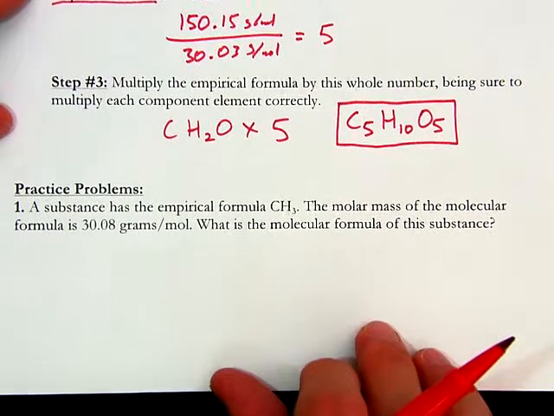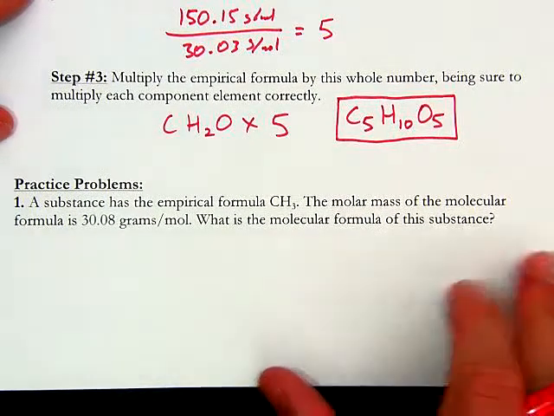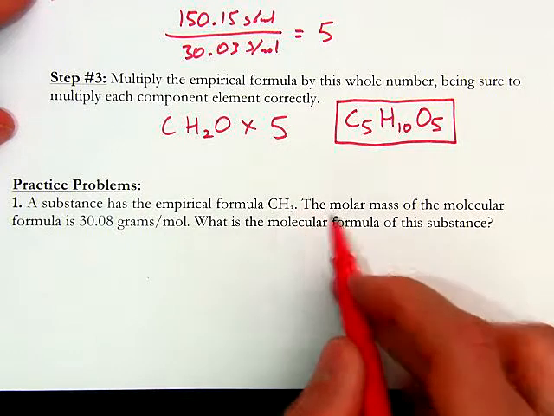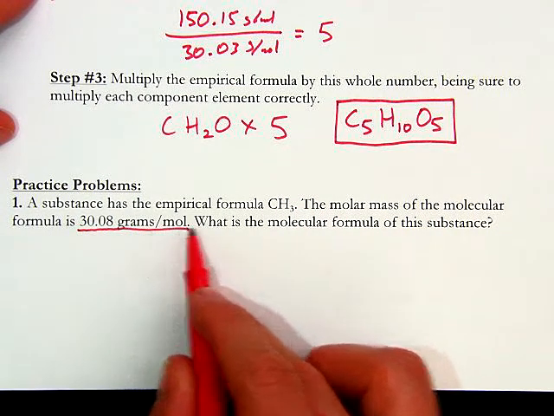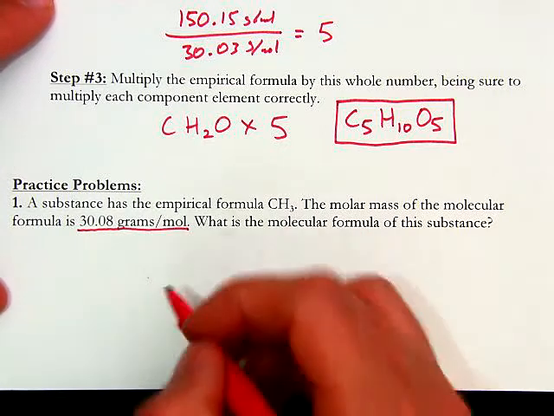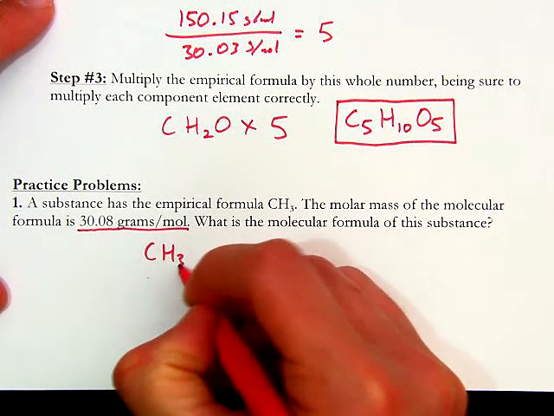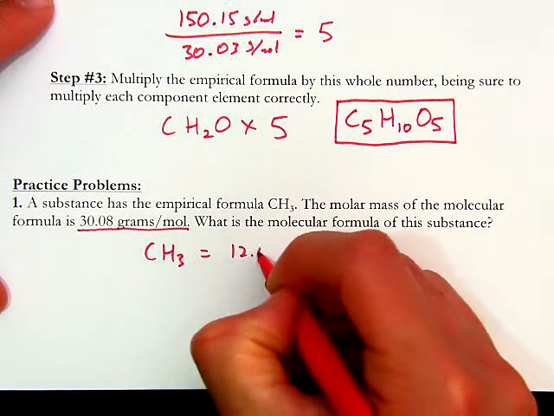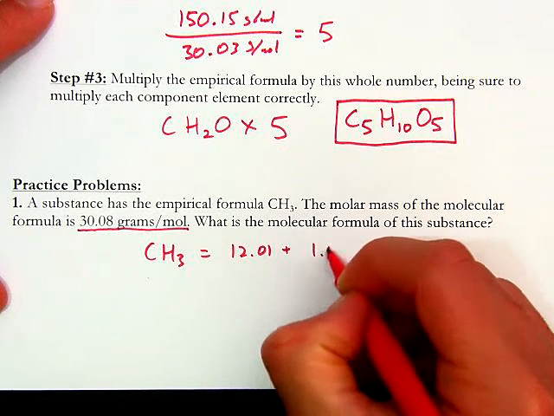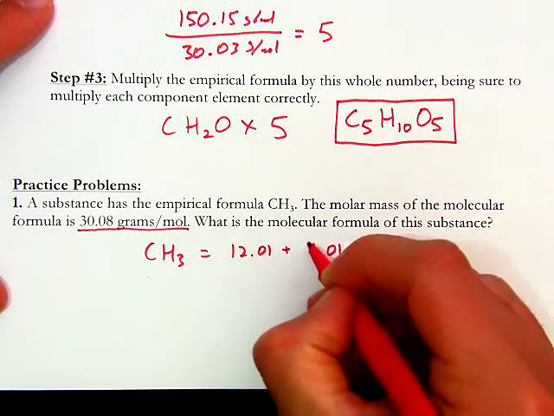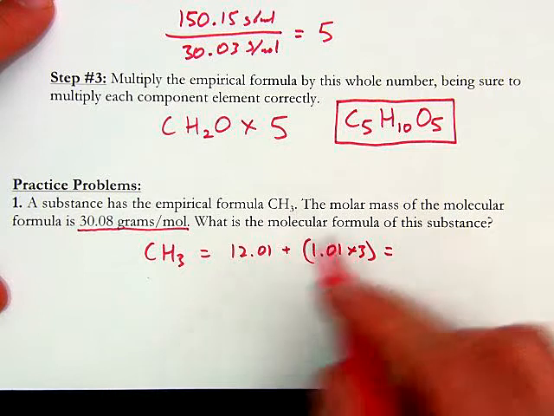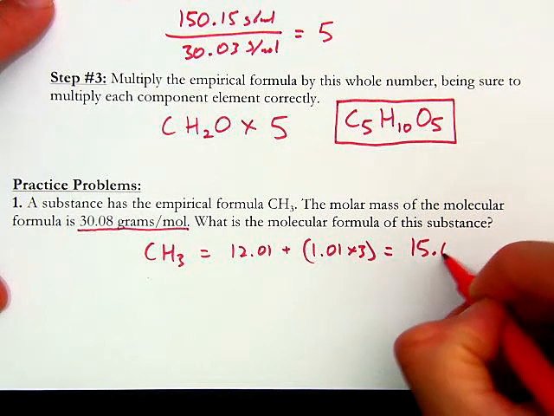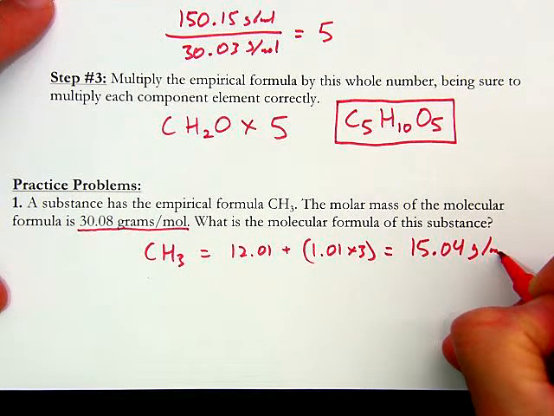It says, a substance has an empirical formula of CH3. The molar mass of the molecular formula is 30.08 grams per mole. What is the molecular formula? So CH3, that's 12.01 plus 1.01 times 3. So that's 3.03 plus this is 15.04 grams per mole.